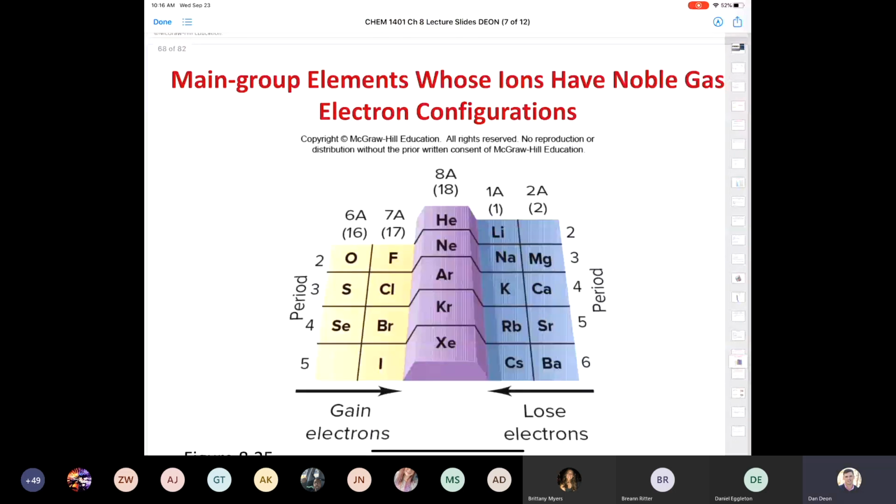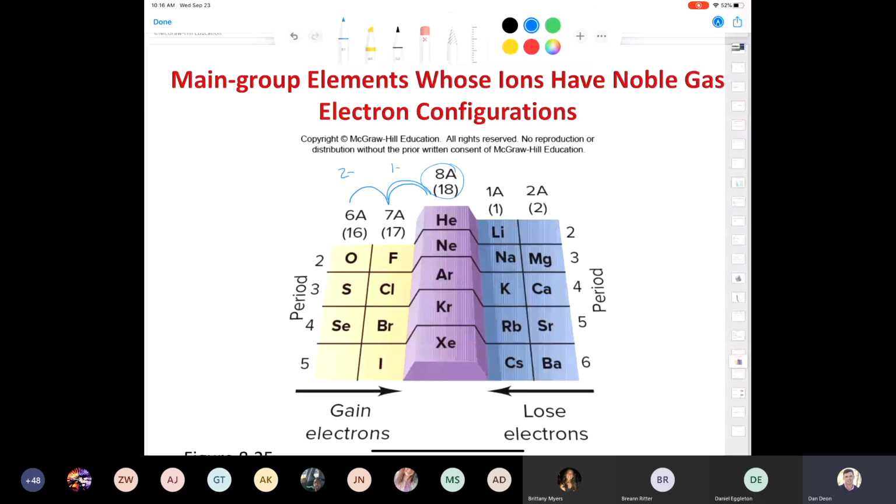Here's a little figure that comes from our book. Basically, she's just trying to help you out in that you start with the noble gases here. Oxygen would have to gain 1, 2. So that's why everything here is going to have a 2 minus charge. The halogens have to gain 1, and so that's why the halogens have a 1 minus charge.